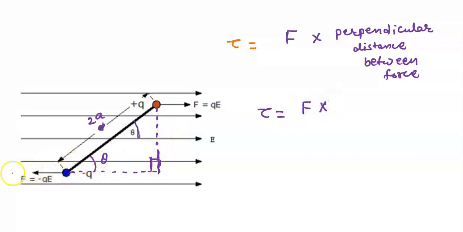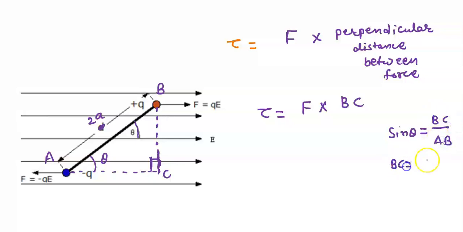See, this is the direction, this is the direction, so if we assume this is A, this is B, and this is C, the perpendicular distance will be BC. Then we can write sine theta. Sine theta in this triangle will give you perpendicular upon hypotenuse. Perpendicular is BC and hypotenuse is AB, so we can write BC upon AB. So BC is equal to AB times sine theta, and AB is 2a. So tau is equal to F into 2a sine theta.